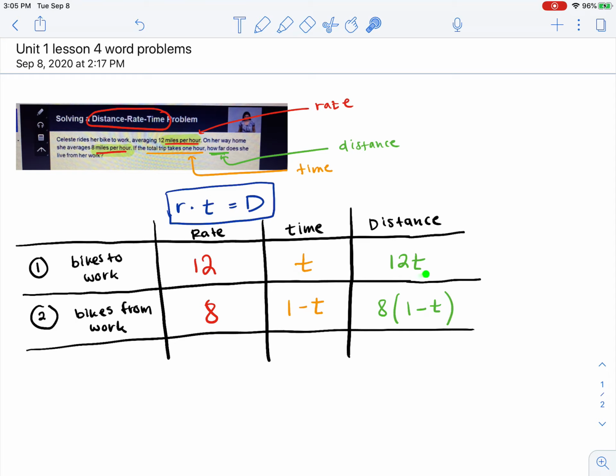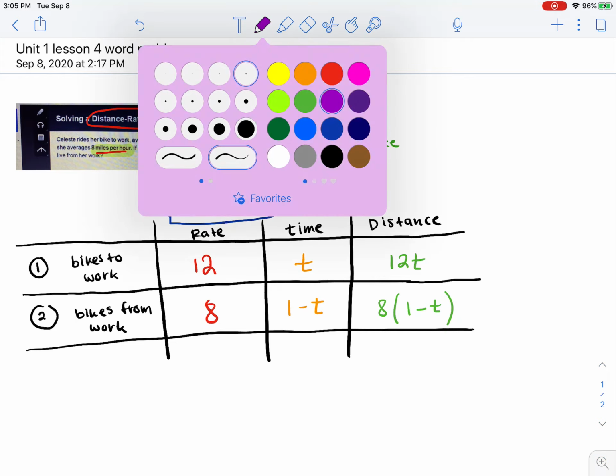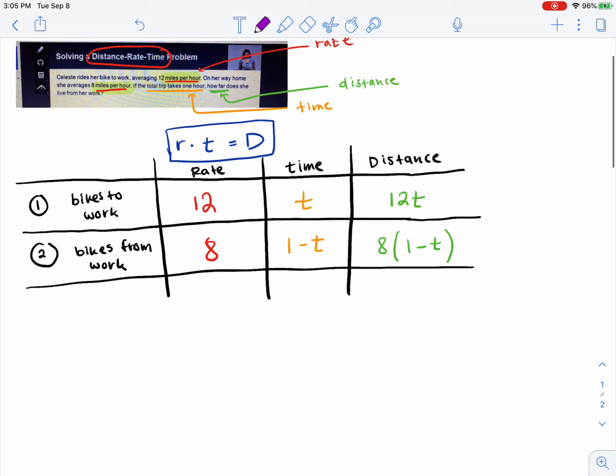So this distance and this distance must be the same. Since they must be the same, I'm going to represent that as an equation. 12t is equal to 8 times (1 minus t).